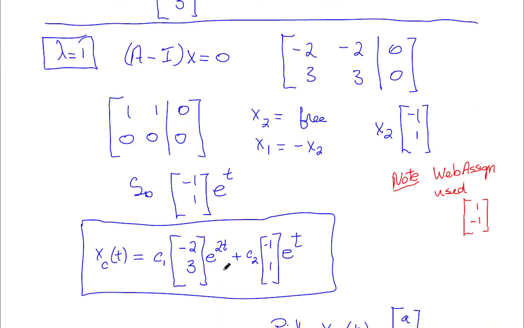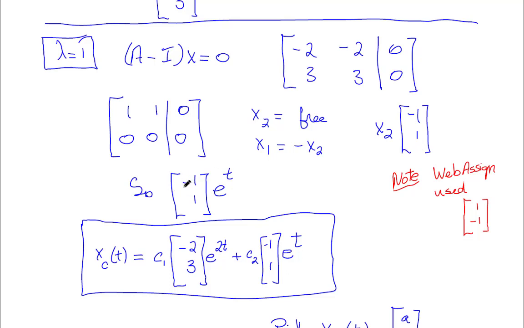All right, use the eigenvalue of 1. So I'm subtracting 1 down each of the diagonal elements. All right, so I can divide row 1 by negative 2 and then multiply it by minus 3, and I quickly get a whole row of zeros. So x2 is free, x1 is minus x2, so I get minus 1, 1.